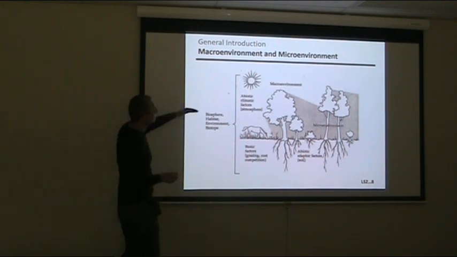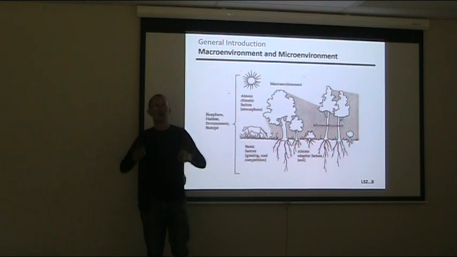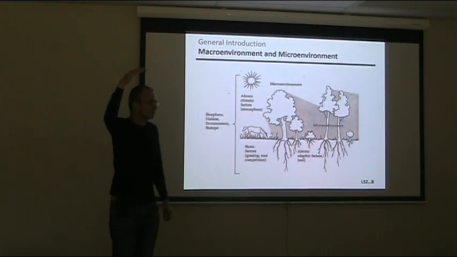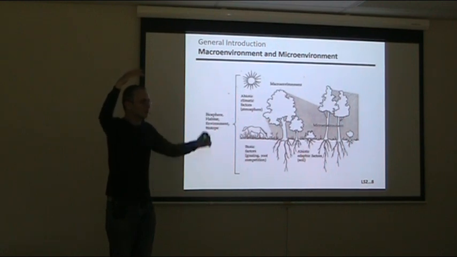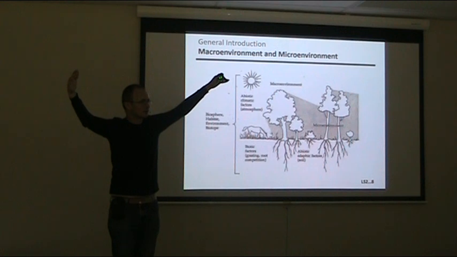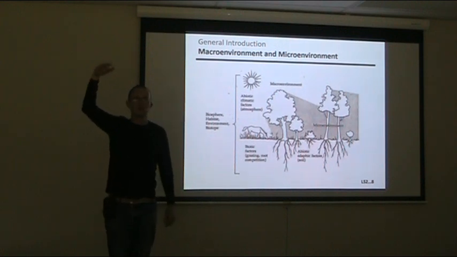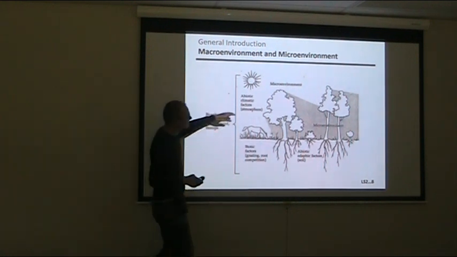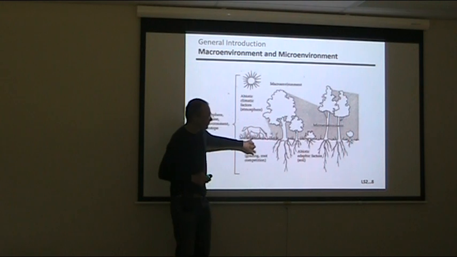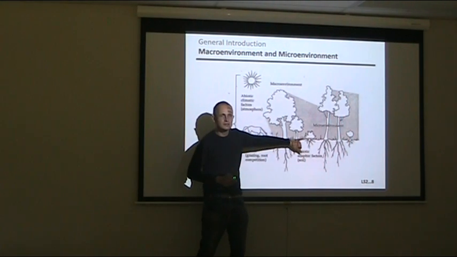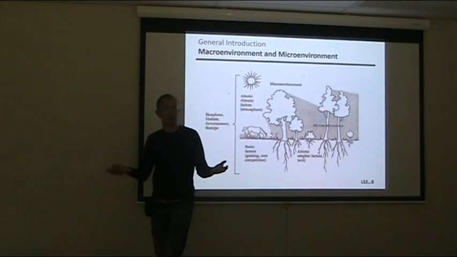So the macroenvironment, one way of thinking about it is if you put yourself 20 meters above the vegetation canopy. That's what you experience as the macroenvironment, because of rainfall, the sunlight, the temperature, whether it's cloudy or not. Your microenvironment is, if you're over here, you've got full sunlight, but if you're in the shade of this tree, that affects your microenvironment hugely.